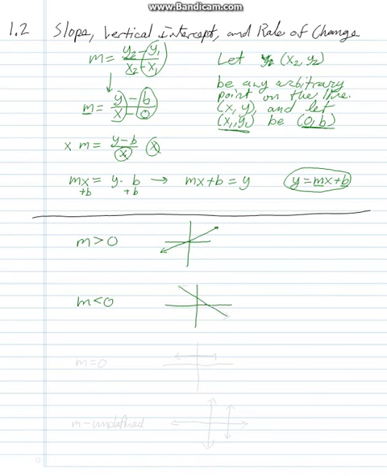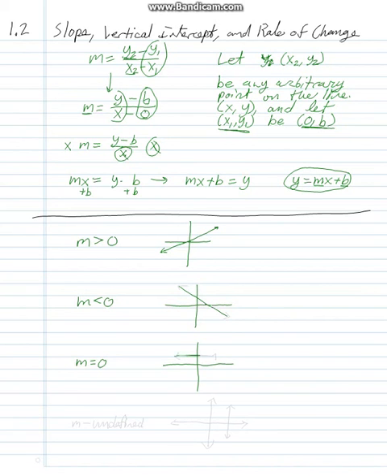Now, the larger your slope is, the steeper the line. You'll recognize that the more lines you graph. And if your slope is very small, if it's very close to zero, it's going to be very shallow and not very impressive. If you have a slope of 0, your line doesn't rise at all.